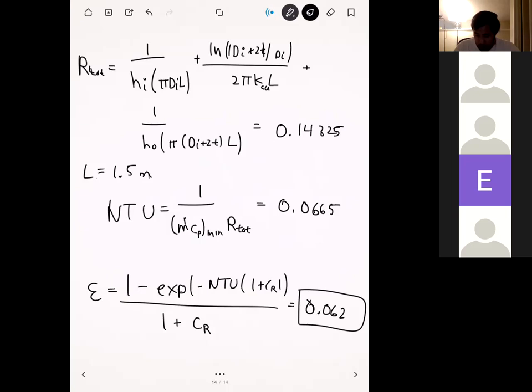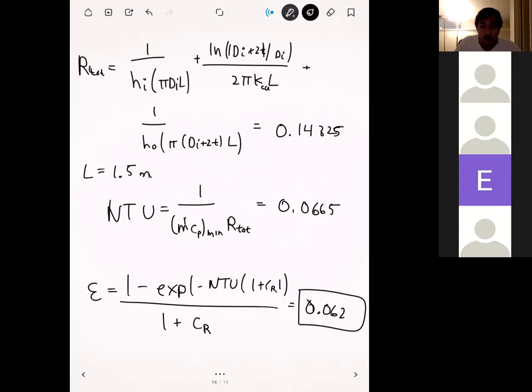Okay. And so that was a lot of steps in one. But basically, the way to sum this up is once you have the total resistance, then you can compute NTU, and then NTU is used to compute the effectiveness. Remember, this formula for effectiveness depends on whether you have a parallel flow or a counterflow heat exchanger. And since this is a parallel flow one, we use this formula.